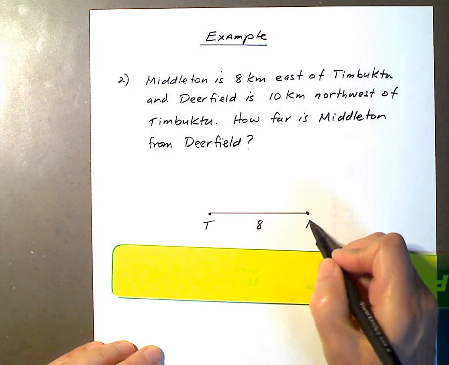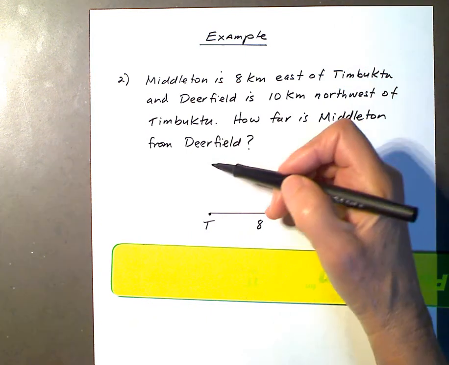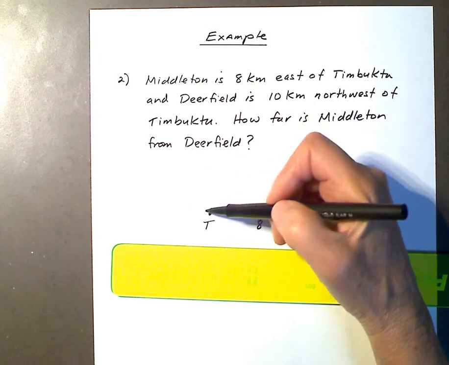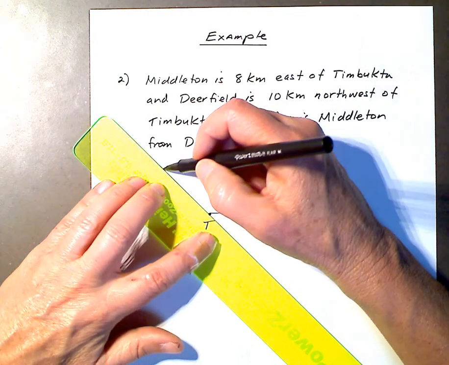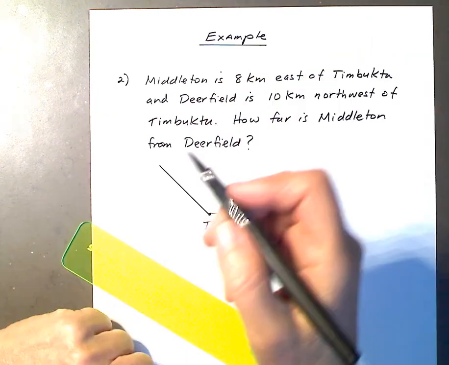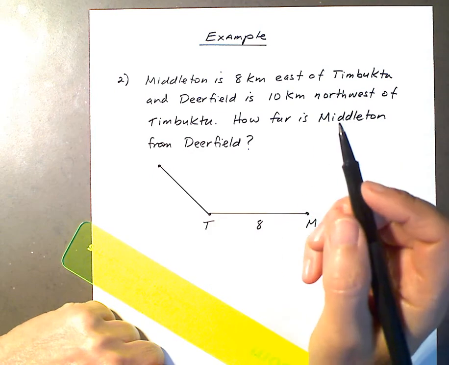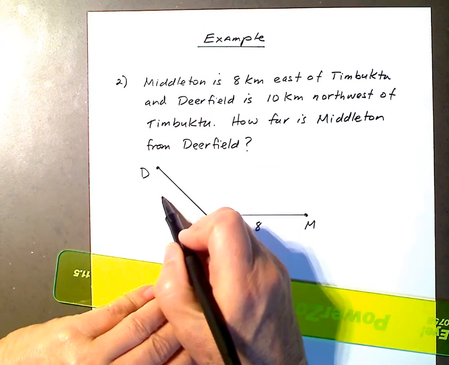So this would be moving due east if I'm looking at a map. And Deerfield is 10 kilometers northwest of Timbuktu. So if I go exactly northwest, I take a 45-degree angle up to Deerfield, so that's D. So this was 10 kilometers.